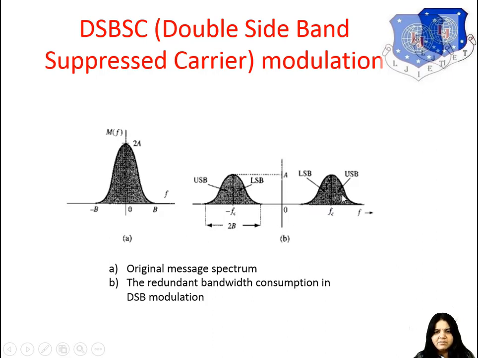This is the double sideband spectrum. Here FC and minus FC are the frequencies, 2B is the bandwidth, and the USB and LSB are there. In the double sideband suppressed carrier, there is no carrier, only the two sidebands that we observe.